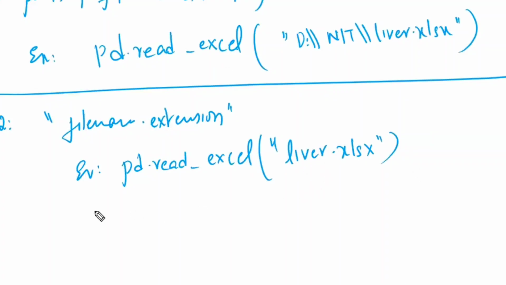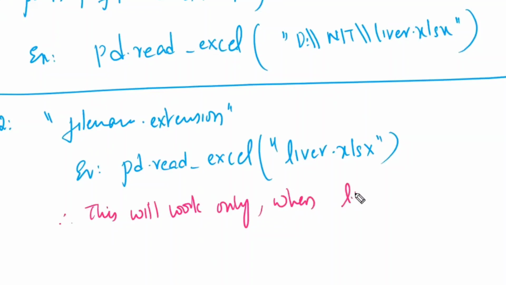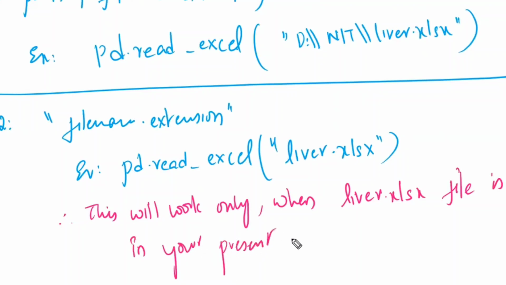This is example number 1. This is example number 2. Here this will work only when the liver.xlsx file is in your present working directory. If it is in your present working directory, it will work. Otherwise, it will not work.